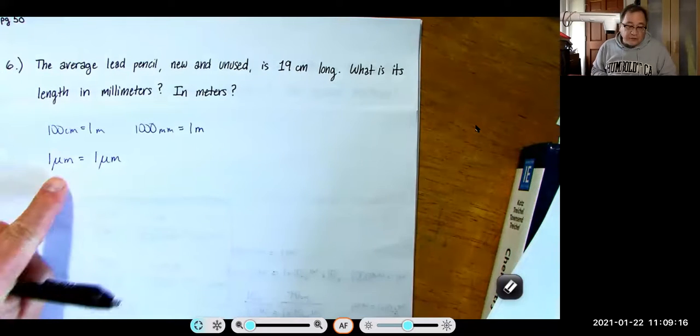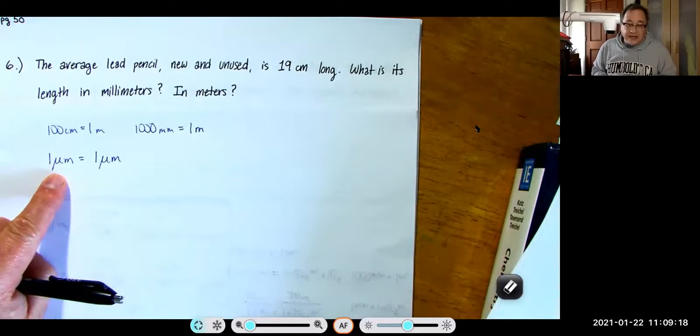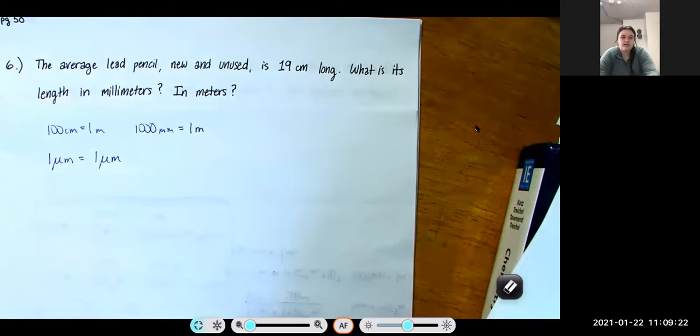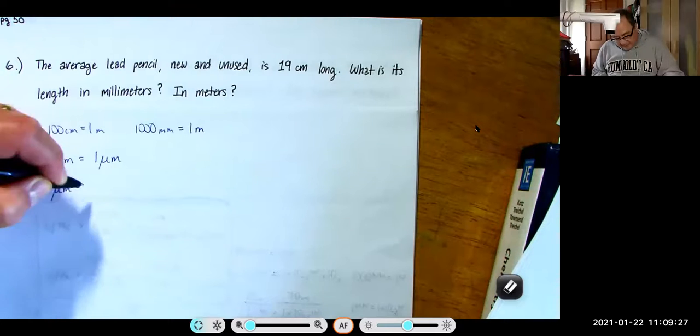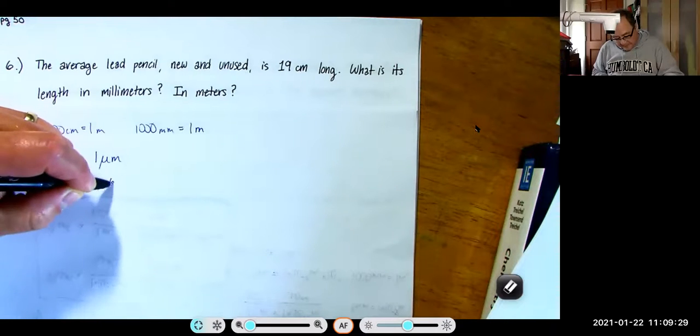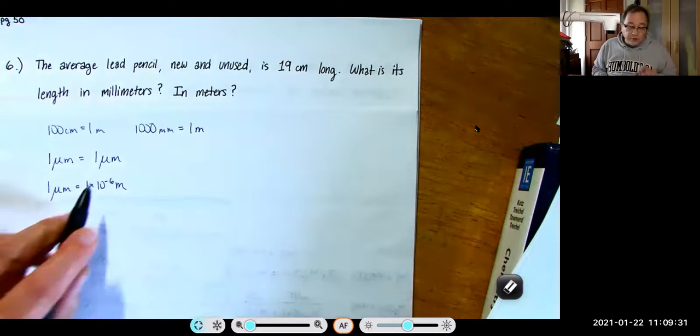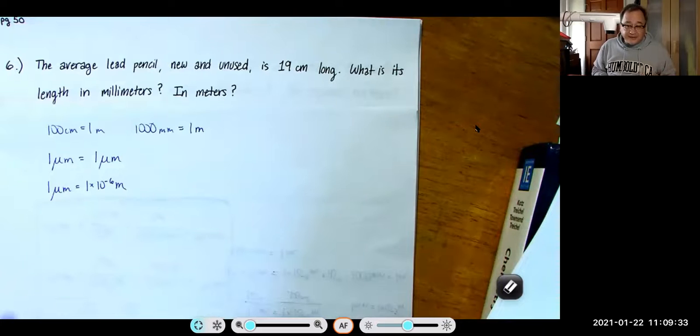Micro is the Greek letter mu, which looks to me like a cursive U with a long tail at the end. So then I would write this, because micro means 10 to the minus 6.